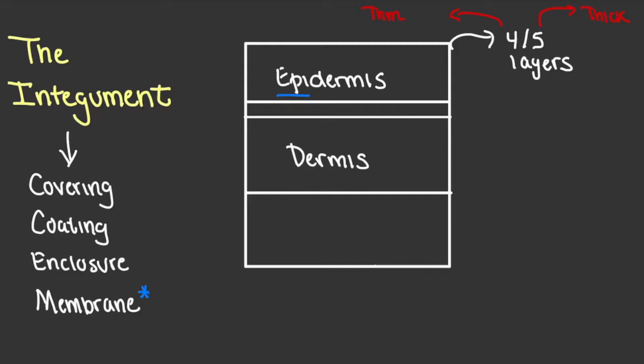Now, the second layer that we've already labeled is the dermis, and we'll talk more about the importance of the dermis here in just a second. But in between our epidermis and our dermis, we have a very unique layer. And this layer is referred to as the dermal epidermal junction.